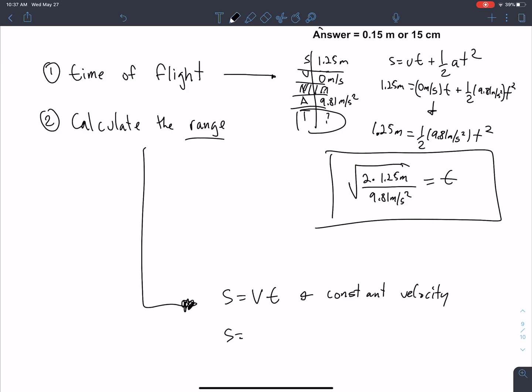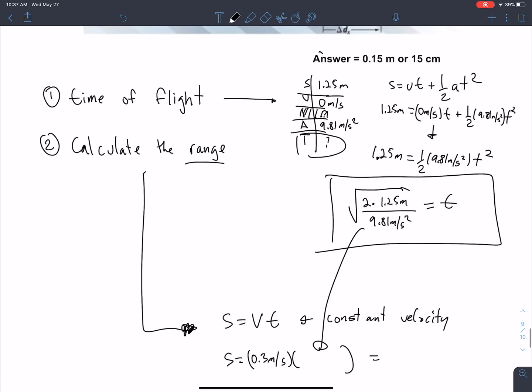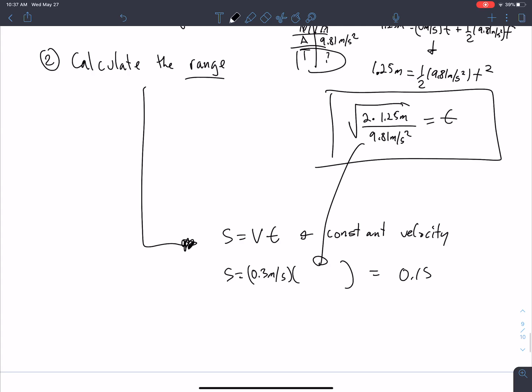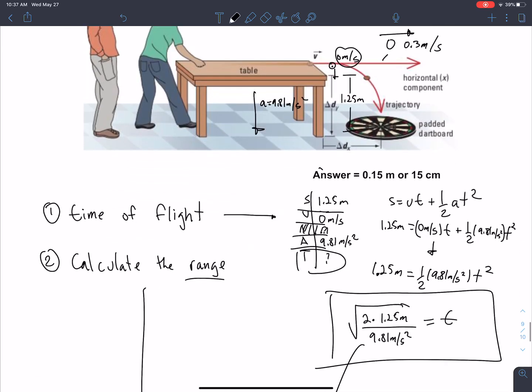So S is equal to 0.3 meters per second times the time, which is the square root of 2.5 divided by 9.81. Whatever that solves to be, in the end you would get a distance of around 0.15 meters. And that should be the answer for that.